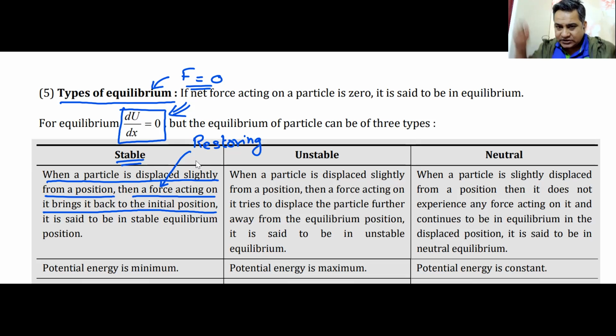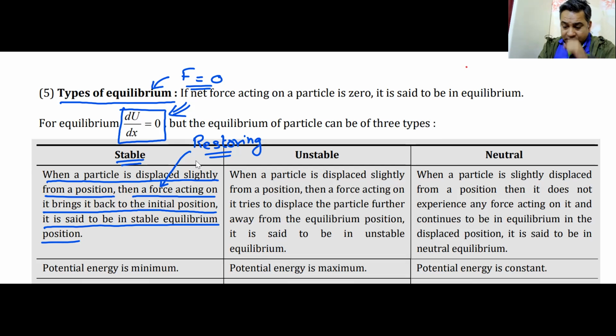It has been restored, brought back to its original condition. So wherever you have stable equilibrium, one thing would be sure, that there would be some force trying to bring it back to its original condition. That is the restoring force. That is the first point that we have understood about stable equilibrium: there would be a restoring force.